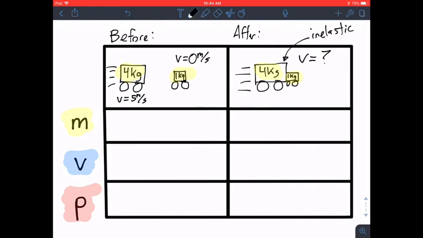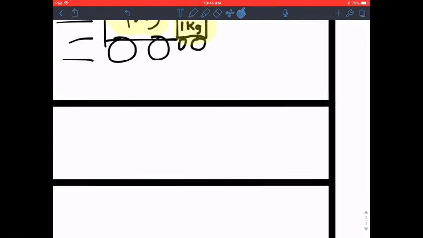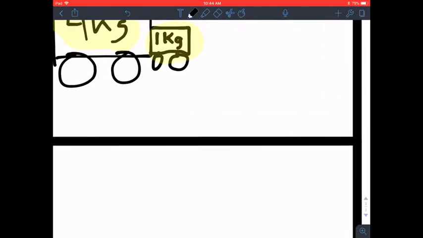Okay, so I'm going to do 4 kg and 1 kg. Notice I'm filling out the space below the cart. Okay, now over here, what we're going to do is something kind of tricky because this is an inelastic collision.